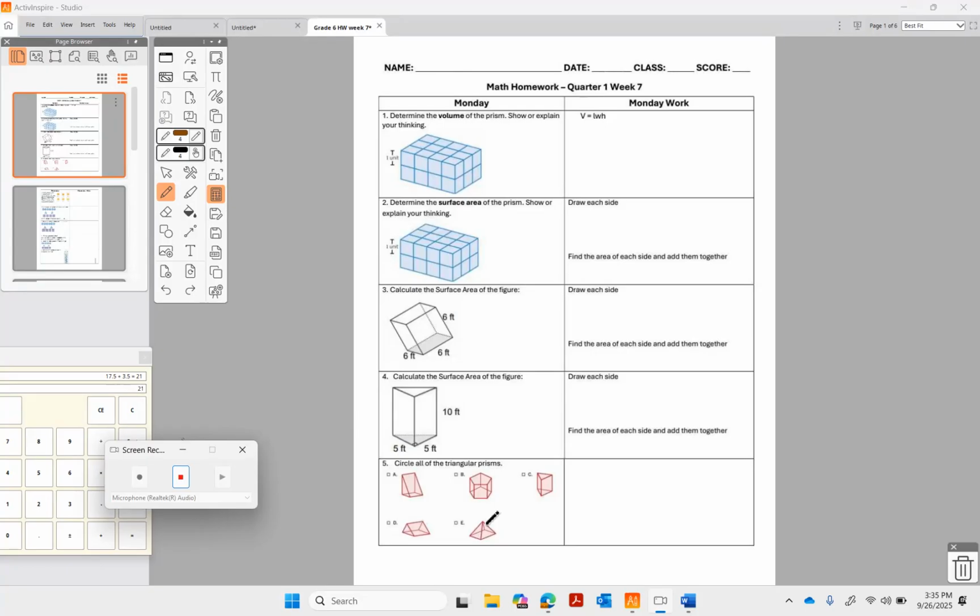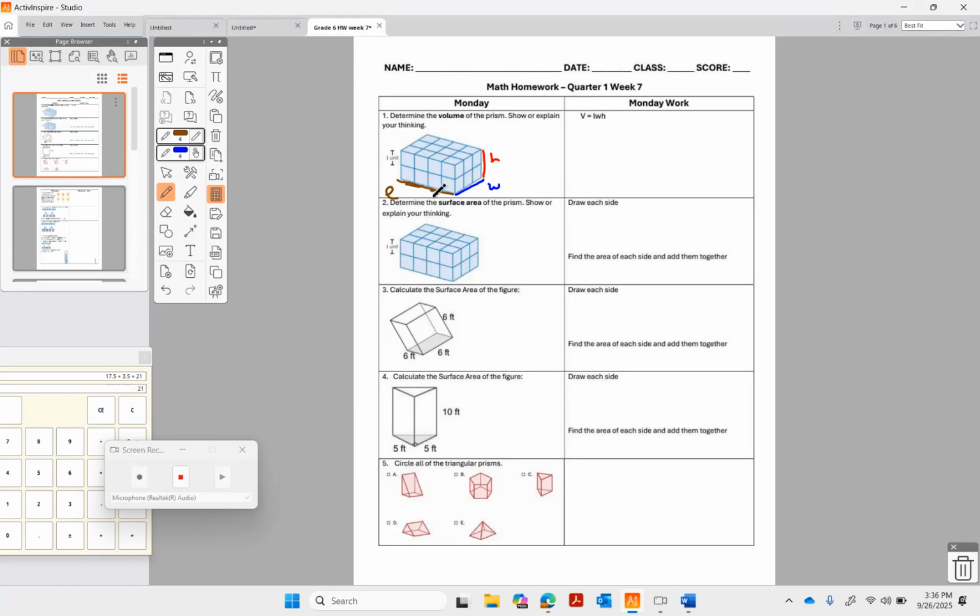Show or explain your thinking. So I'm going to call this the length. I'm going to call this the width. And I'm going to call this the height. So my length, remember, is just 1, 2, 3, 4.